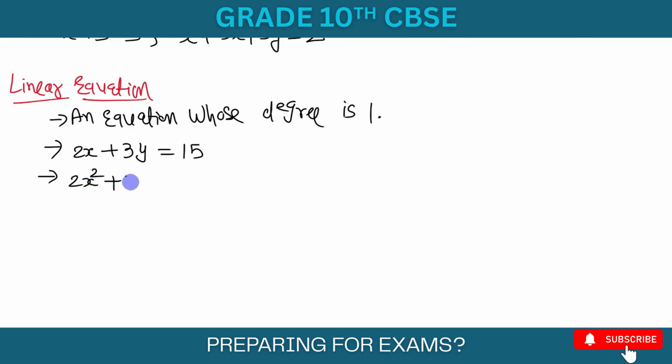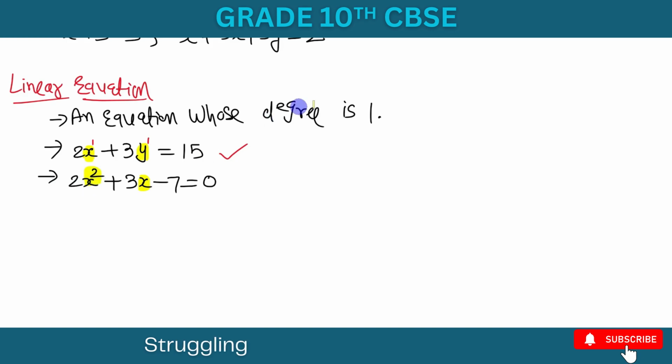For example, I am writing 2x plus 3y equal to 15. Second example, 2x square plus 3x minus 7 equal to 0. In the first example, you can see two variables are there, x and y. In both the power is not written, of course by default it is 1, so it is a linear equation.